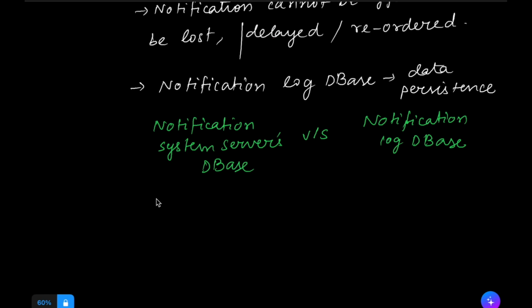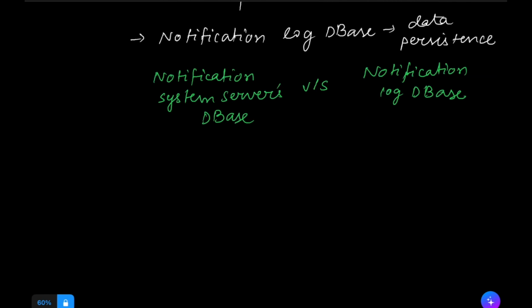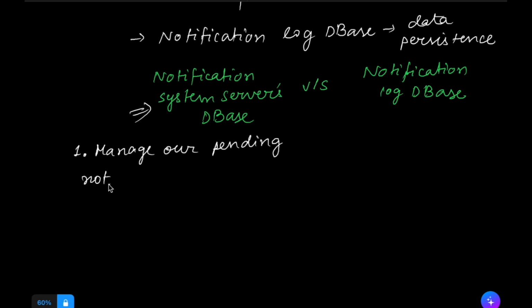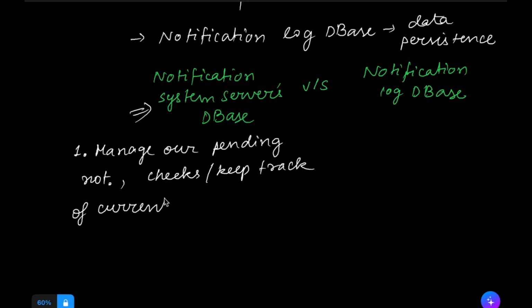So if we write down the basic use case of this notification system database, it helps to manage our pending notifications. It keeps track of the current status of the notification in the pipeline, like whether it is queued or not, whether it is in progress or not.